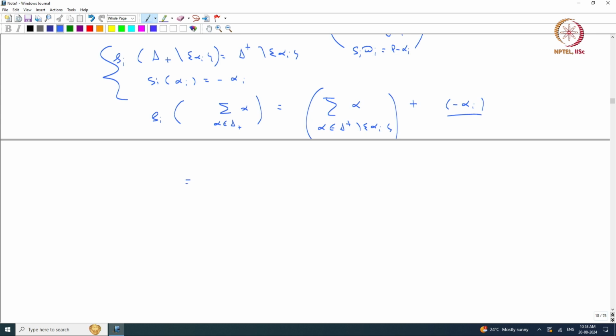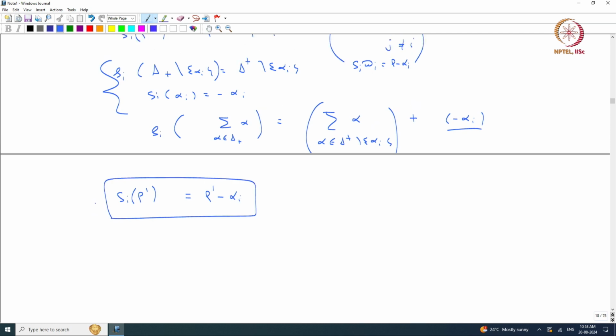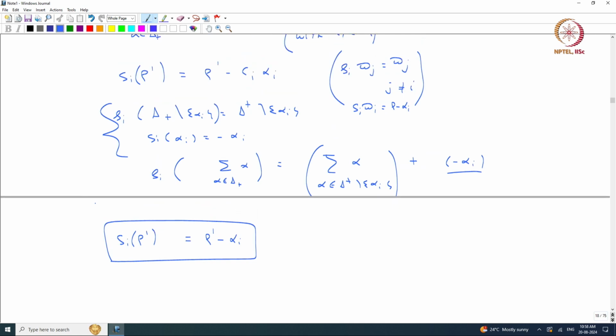You can easily see that s_i of rho dash is going to be rho dash minus alpha_i. Okay. So, I will leave it to you to check this. So, now with this you can see that rho dash minus c_i alpha_i is equal to rho dash minus alpha_i.